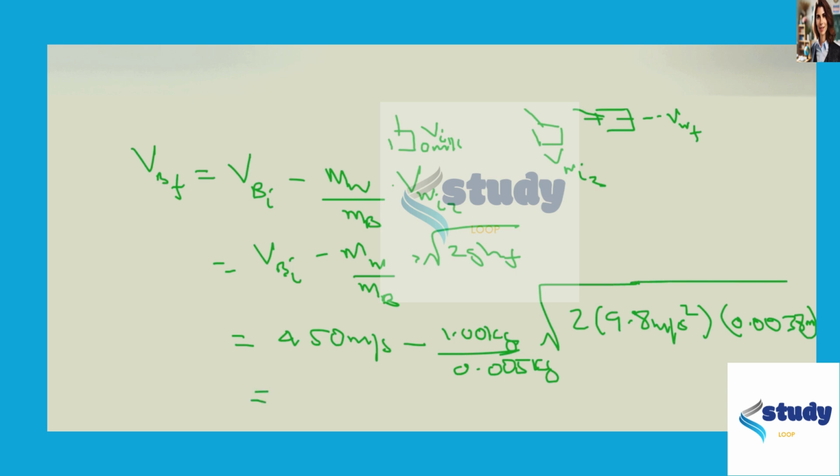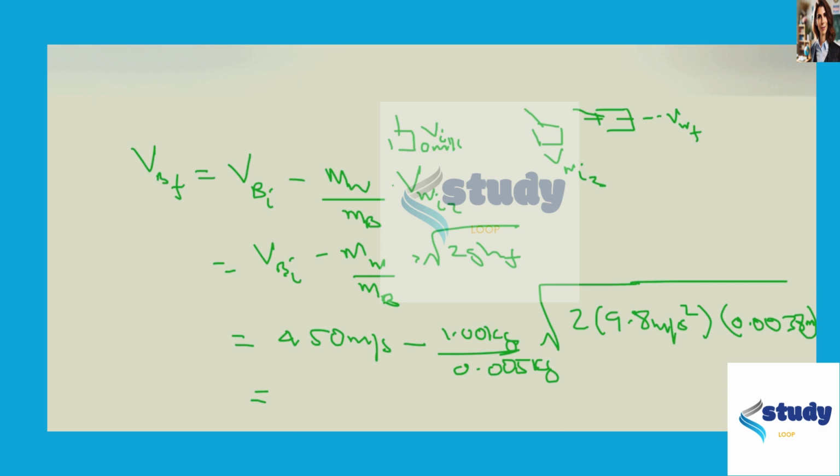And then when we simplify the problem, this involves a lot of decimals, so we have to be very careful about all the steps. We have, let's see, 1 divided by 0.005, and then multiply that by this radical, which is 2 times 9.8 times 0.0038.